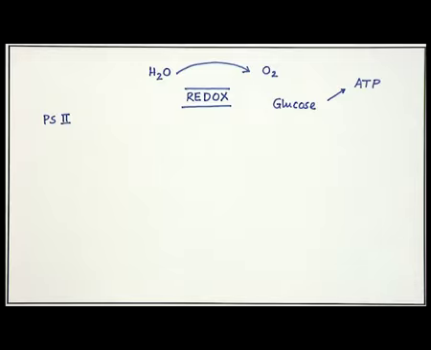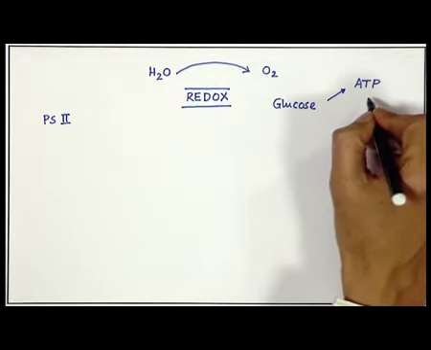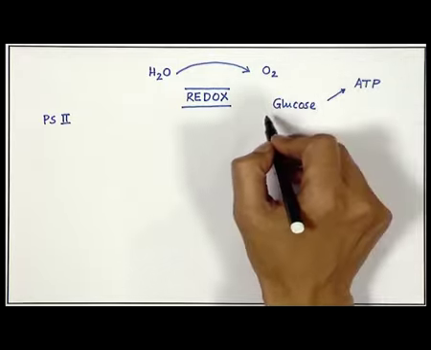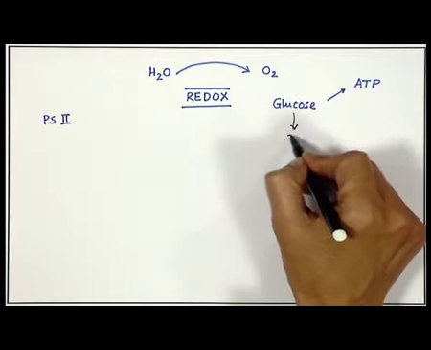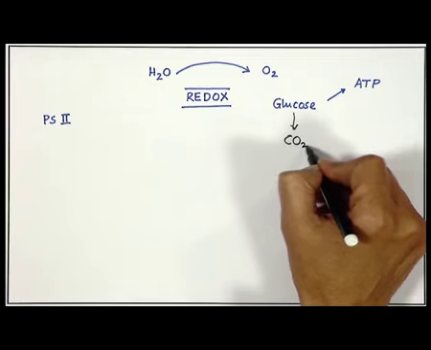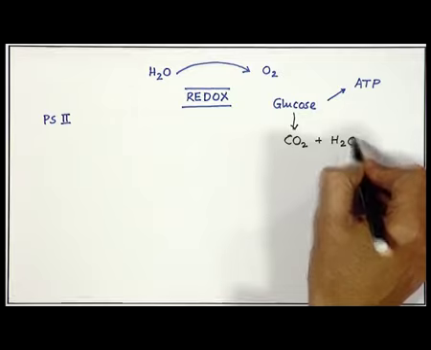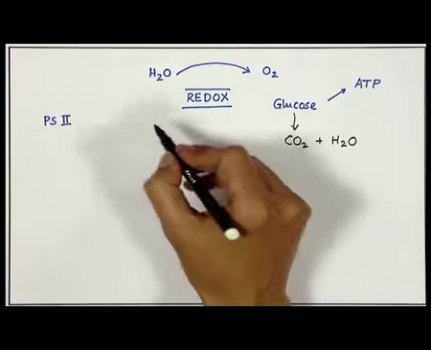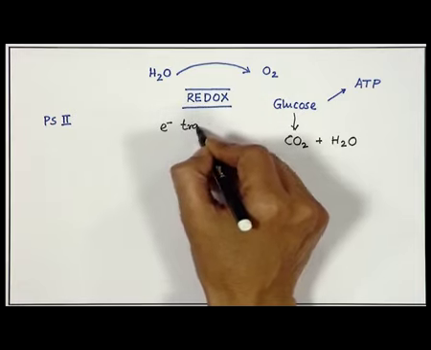And these ATPs are our energy currency for all living systems, including human beings. So, when the glucose oxidation is taking place for the production of carbon dioxide and water, we all know. So, these two reactions are very much interrelated in terms of electron transfer.